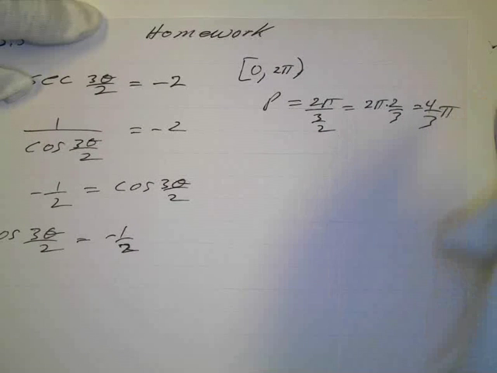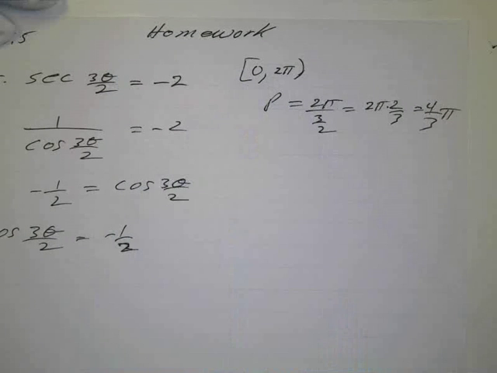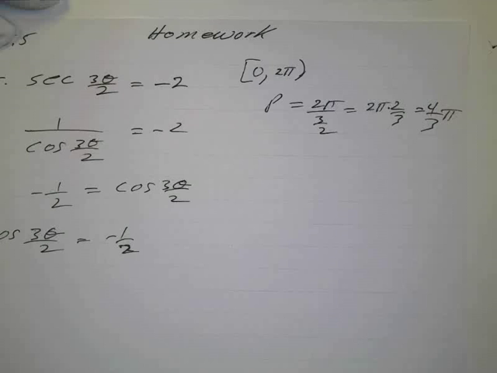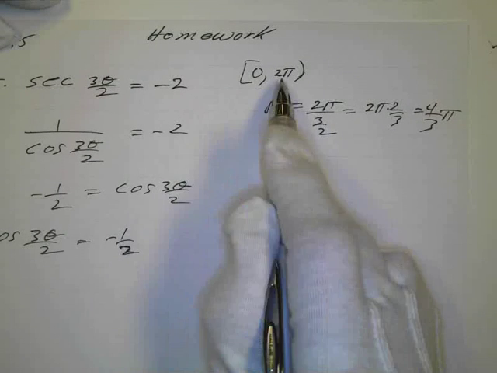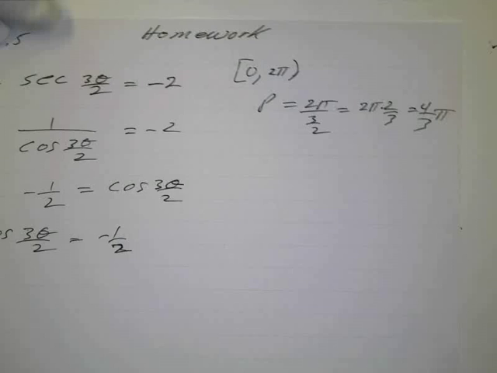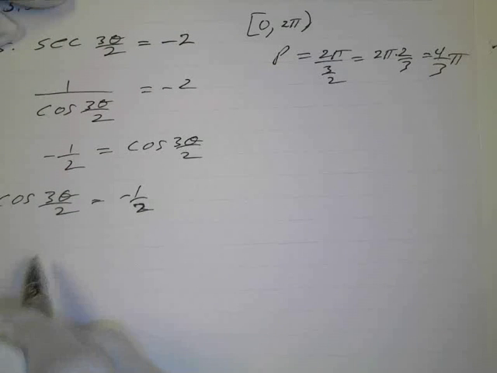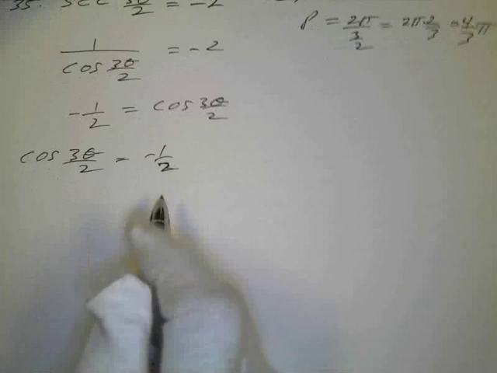So that's the period, 4 over 3 pi. So we'll go through one complete period in this domain, because 4/3 is less than 2 pi. Actually, 6/3 is 2 pi, so I might even get a little bit more. Okay? So this is what we're going to have to keep adding to these different values.